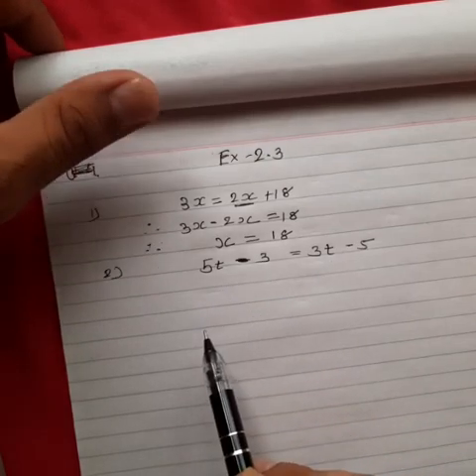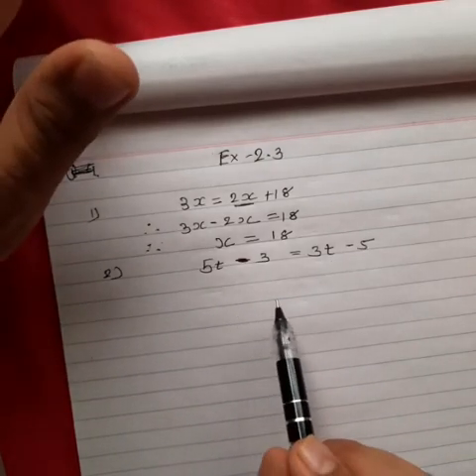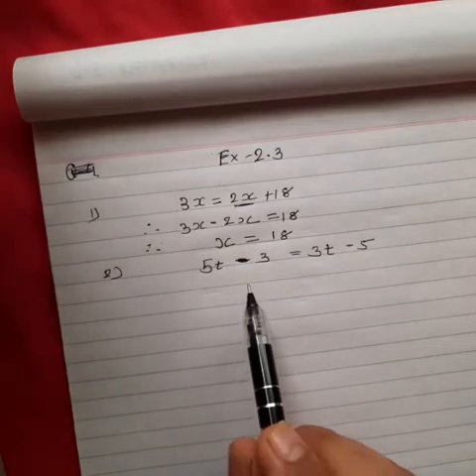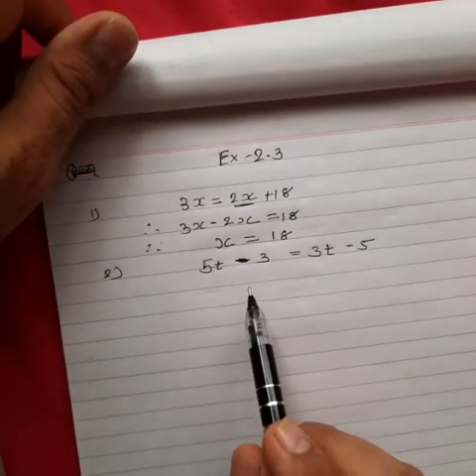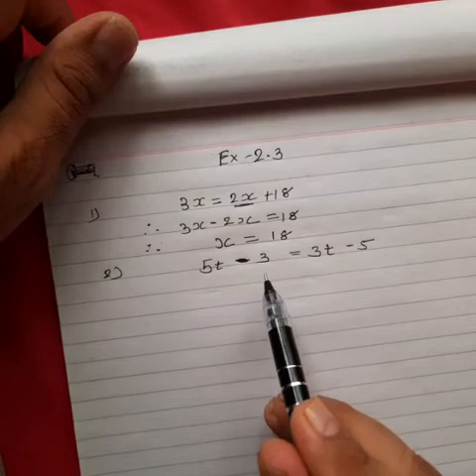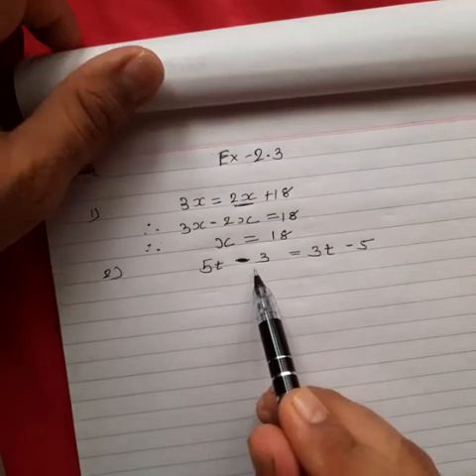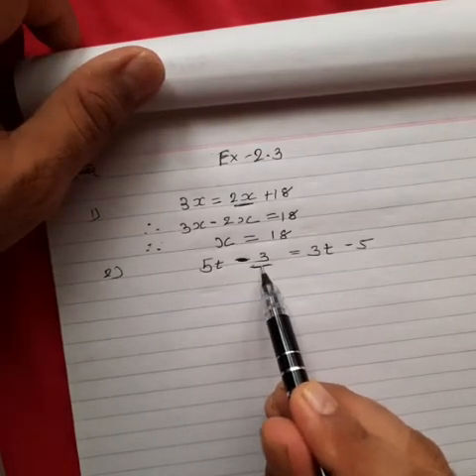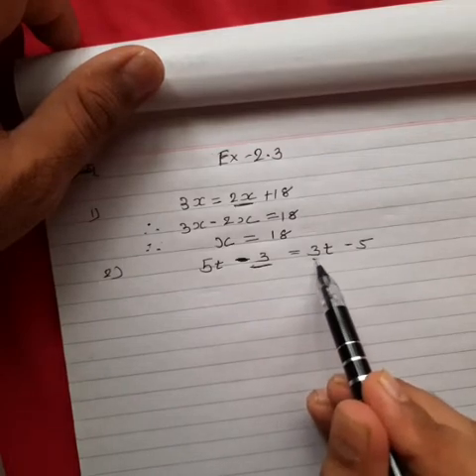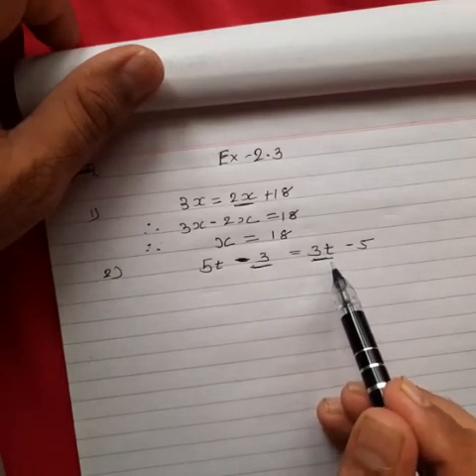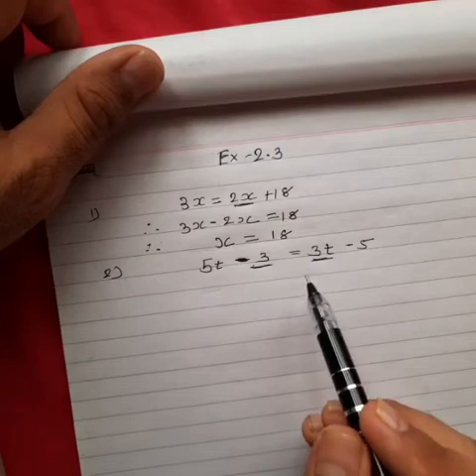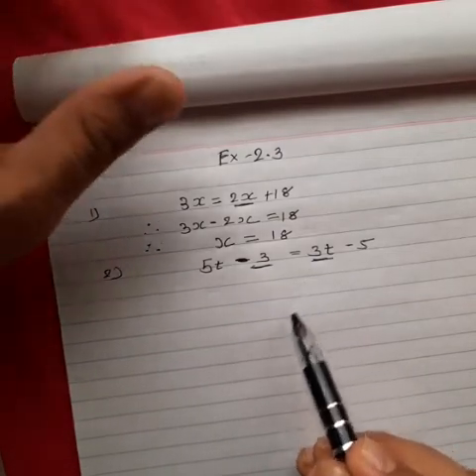What do we do? We switch unknown terms to one side and known terms to another side. So I have to shift both terms from both sides. Minus 3 I have to shift to the right and 3t I have to shift to the left. So the sign of both terms will change.